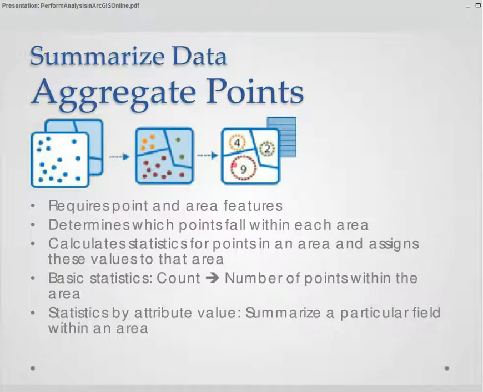And then you'll notice it has these circles because basically it symbolizes using proportional symbols. So you can see the 9 is a larger circle than the 4 and the 2. So that's your basic statistics, but you can also do summarize on a particular field within an area. And again, I have some examples that will show you how that's used.